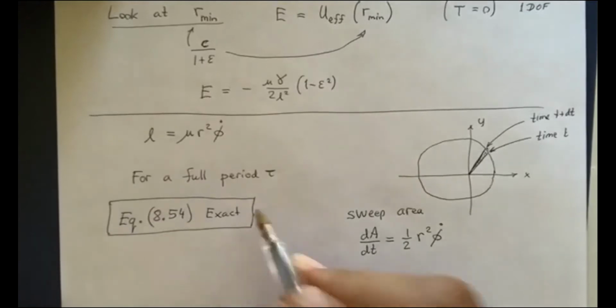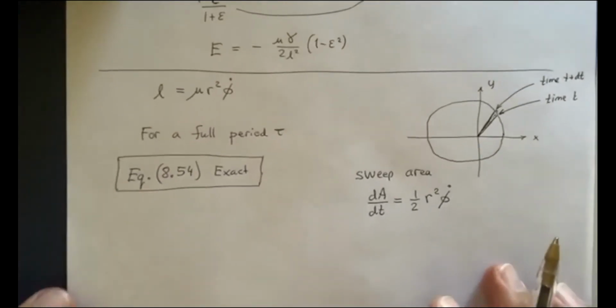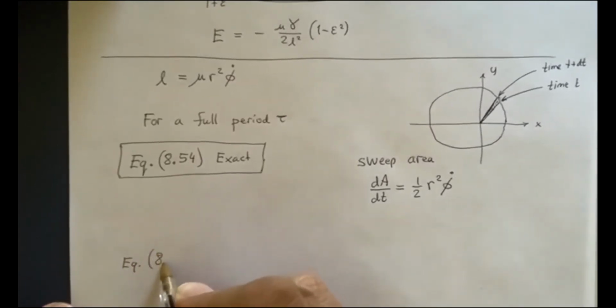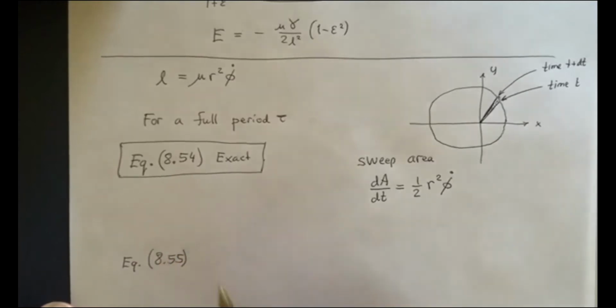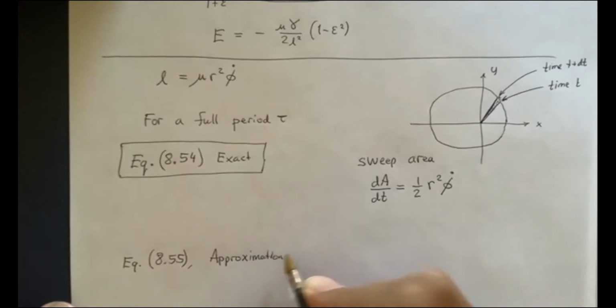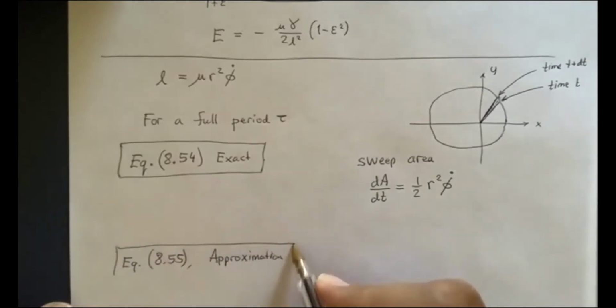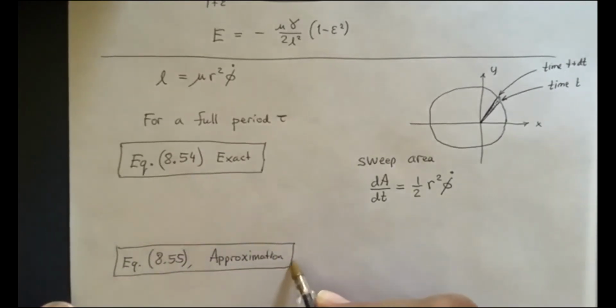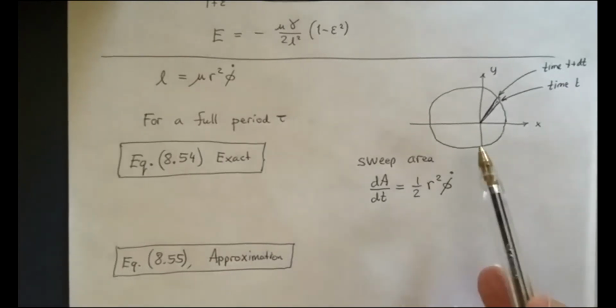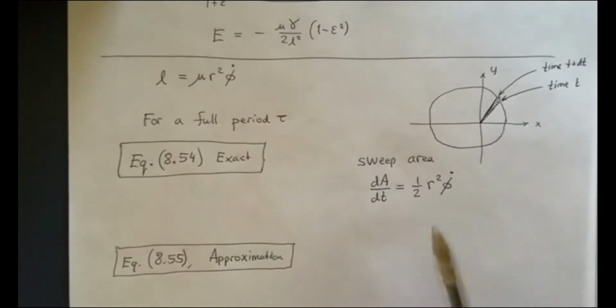And then the next equation, which is the more popular one, equation 8.55, again, it's more popular, but it's an approximation. Let's understand this. It's this calculation here again with the area. We can compute this exactly.